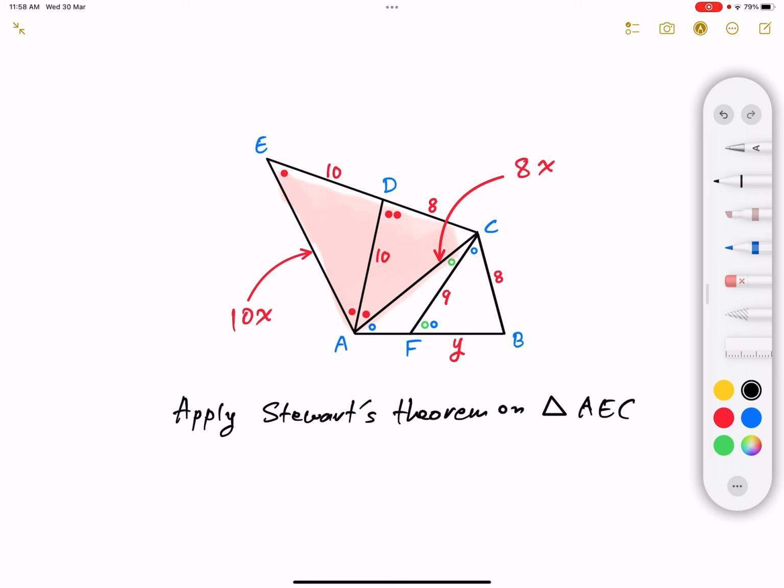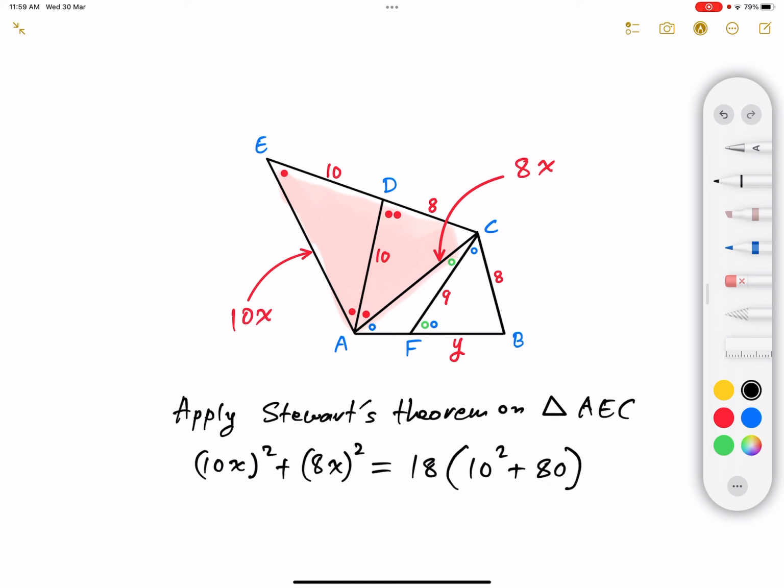So basically, 10x squared plus 8x squared equals 18, which is the length of EC, multiplied by d squared, which is 10 squared, plus the multiplication of the two line segments, 8 and 10, so that's 80.